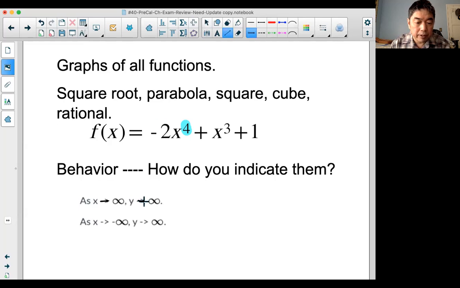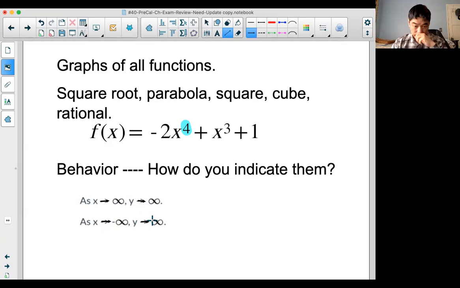Maybe I just fix this one like this. It might be easier, it's an arrow sign. Okay, so x is approaching infinity, y is approaching infinity. So that's going this way, right up, okay? If x approaches negative infinity, y is positive infinity, so it's going this way. So this and this one, right?